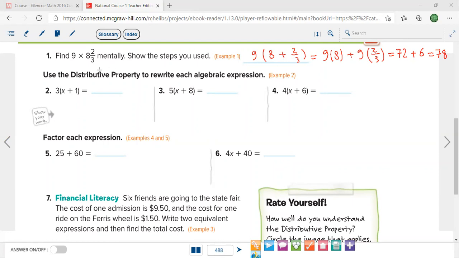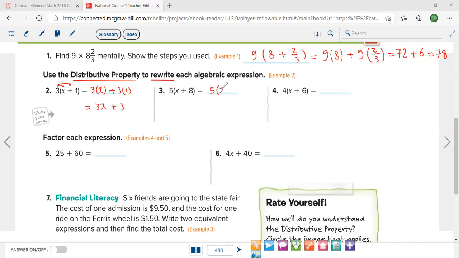Use distributive property to rewrite each algebraic expression. Just rewrite. We don't want you to evaluate. This will be very easy for you all. Just 3 multiplied by x times the first, then times the second. So 3 parentheses x plus 3 parentheses 1 means 3x plus 3.